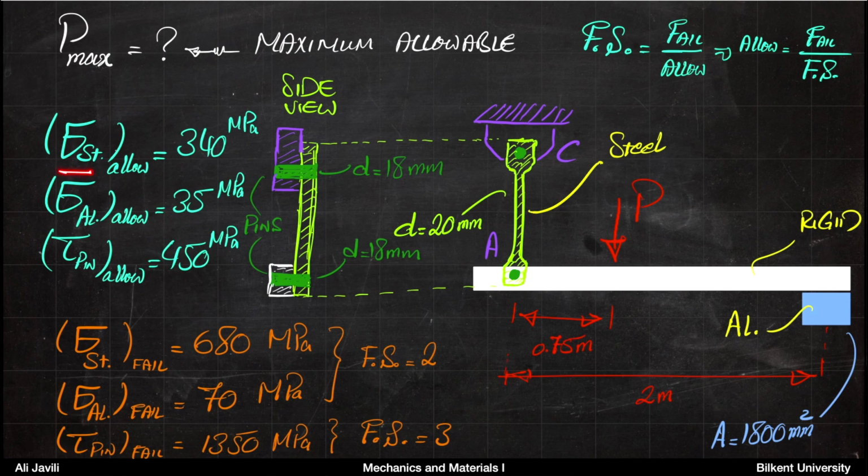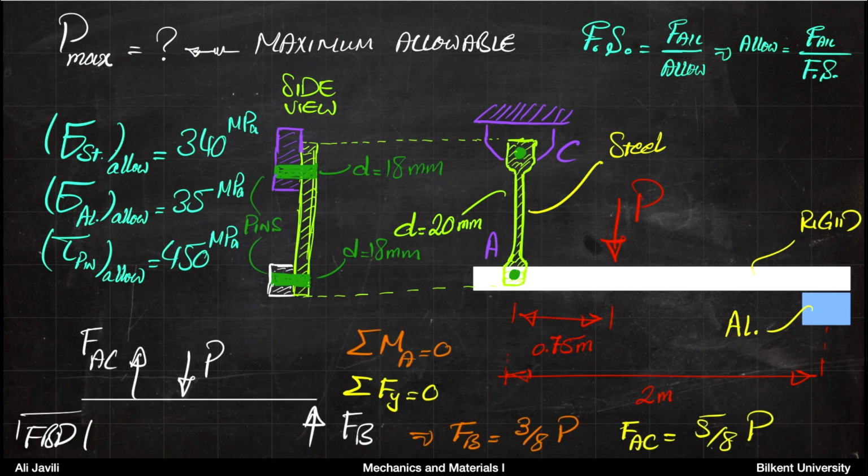For steel, the allowable stress would be 340 megapascal because we divide 680 by 2. For aluminum, the allowable normal stress would be 35 megapascal, which is half of the 70 megapascal. And for the pin, it would be 450 megapascal, which is 1/3 of the failure value because the factor of safety is 3. So we use these to calculate the maximum P.